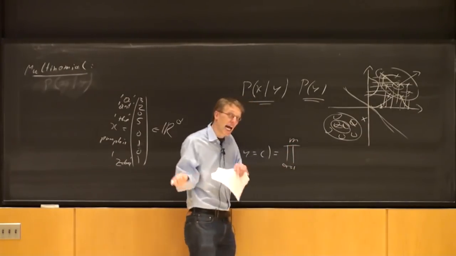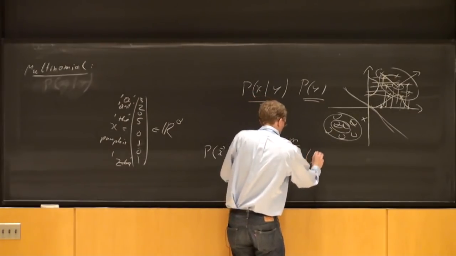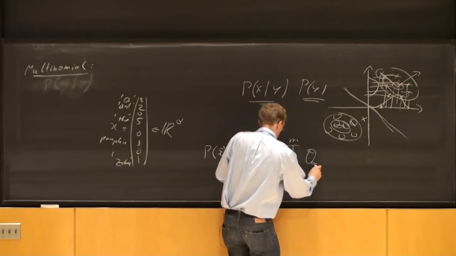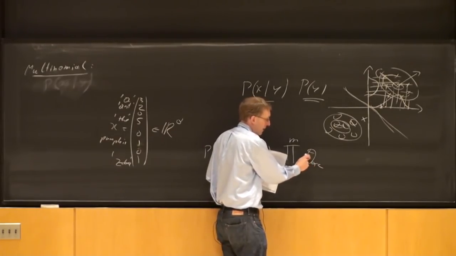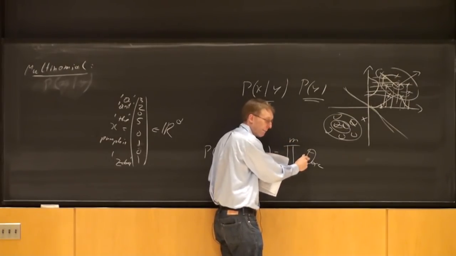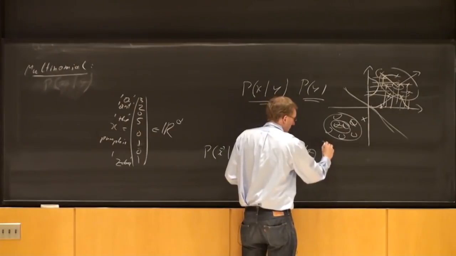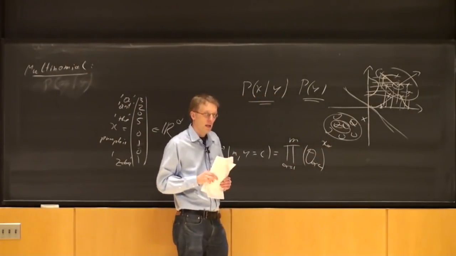I roll my die m times, and alpha goes over the dimensions. This is basically word alpha. The theta is the probability of ending up with word alpha, some value between 0 and 1. And how many times did I roll that? Exactly x alpha times.